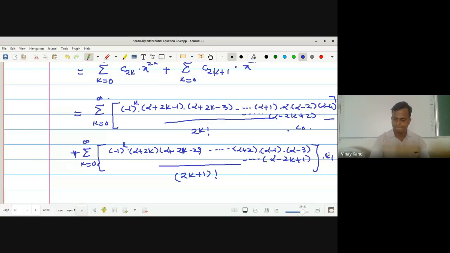This is into x raised to 2k as it is, and this is x raised to 2k plus 1.